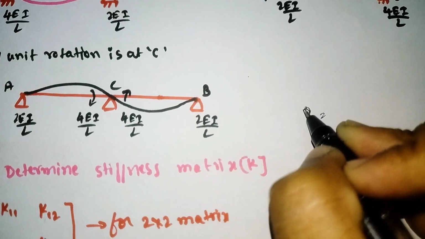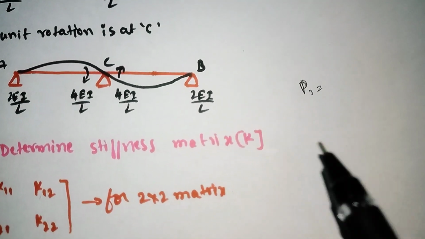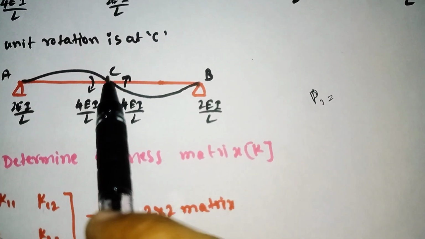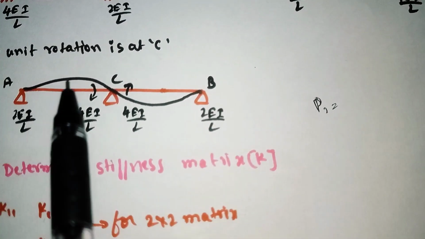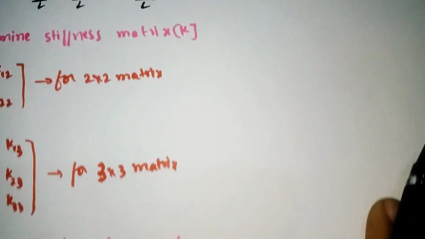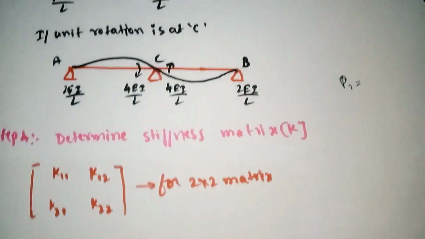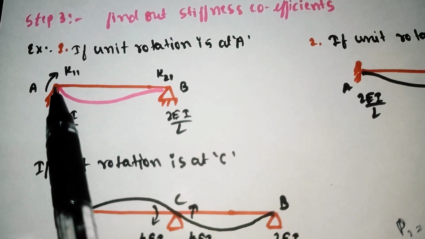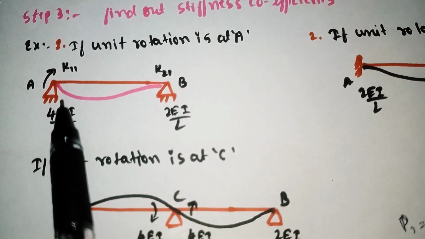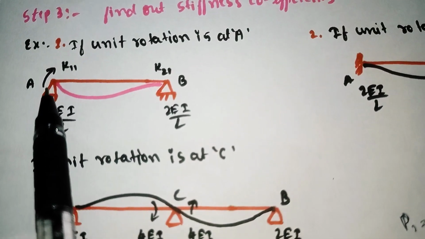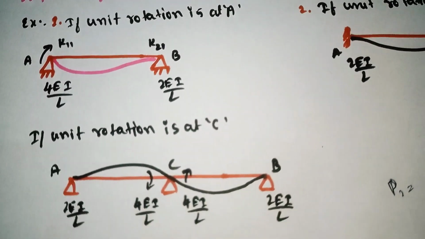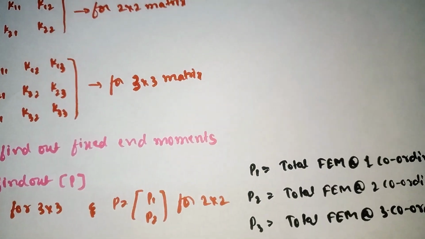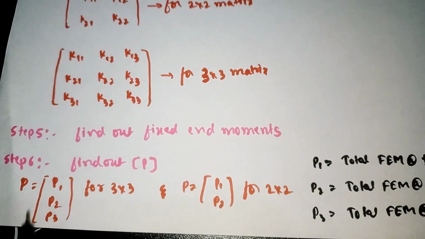For P1, when we apply the unit rotation at point A, P1 becomes MFAB. While analyzing the problem, I will tell you in detail. So this is our step number 6.